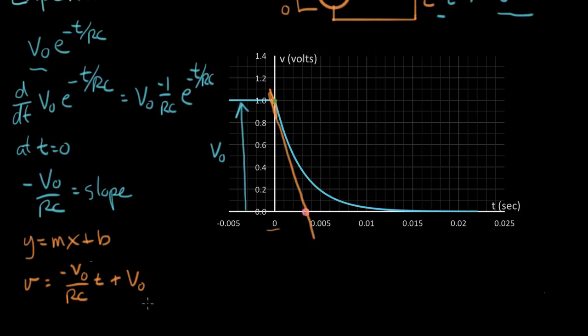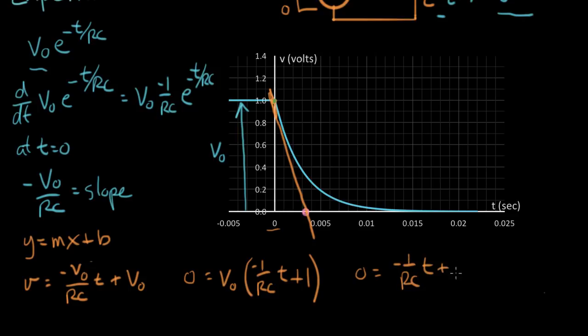All right. And now what I want to do is find out at what time does voltage equal 0 for this orange line. So we're going to plug in 0 for volts and work out what time is. 0 equals V naught times 1 over RC, and don't lose the minus sign, times t plus 1. If I divide both sides by V naught, I get 0 on this side and this term on this side. So I can say 0 equals minus 1 over RC times t plus 1.